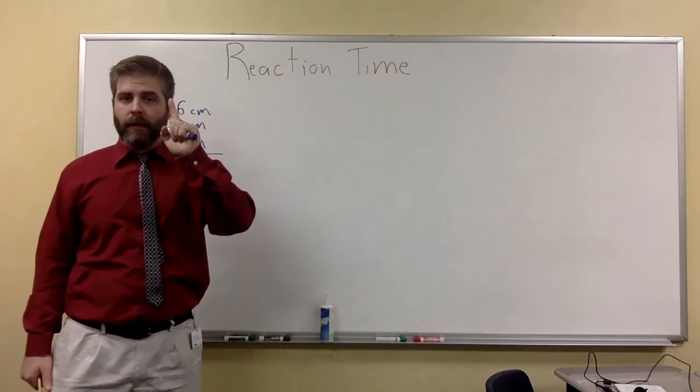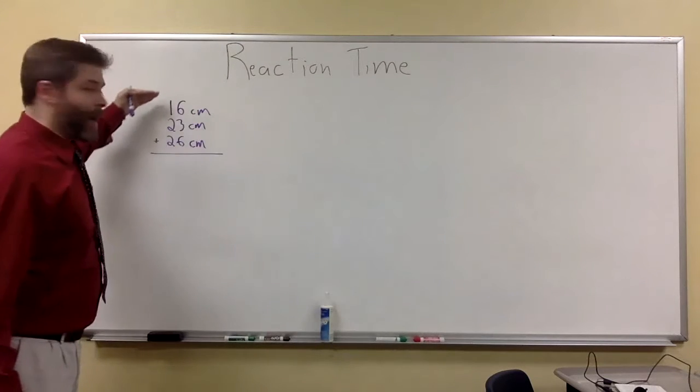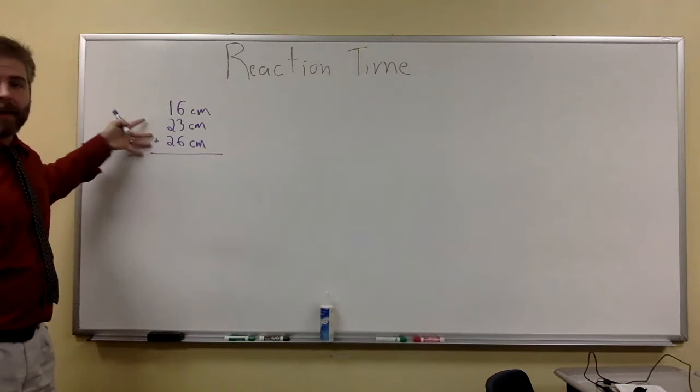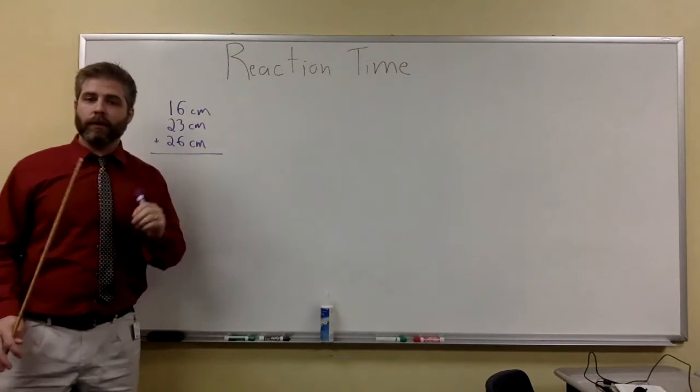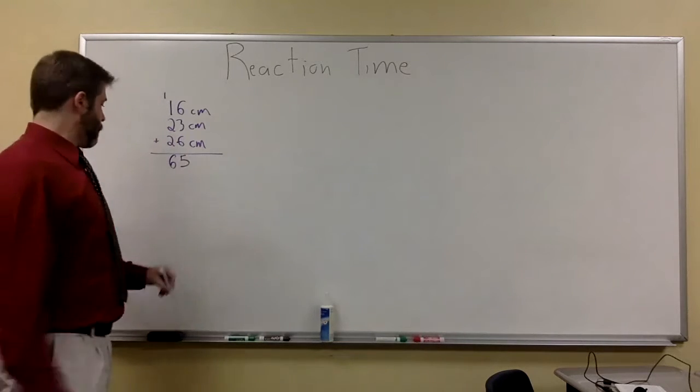Here's your first bit of math, finding the average. I want one number, your average number. How do you find an average? You add them up, and then you divide by however many there are. In this case, we had 3 chances, so we're going to divide by 3. 65, we're going to divide that by 3.